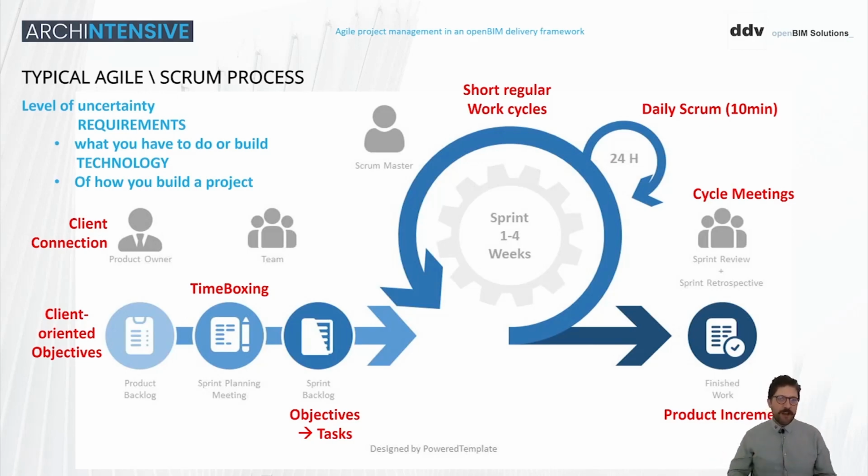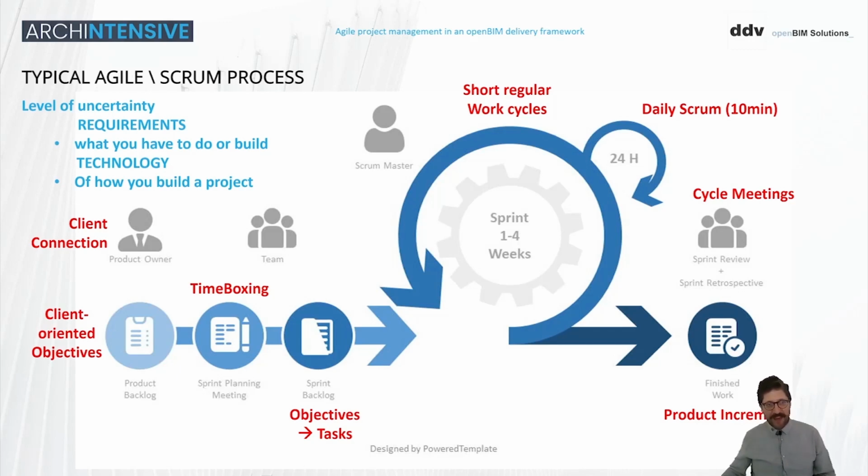In the end it's a very, very short meeting or communication at the very beginning of the day, just to align the different team member tasks during the production day.